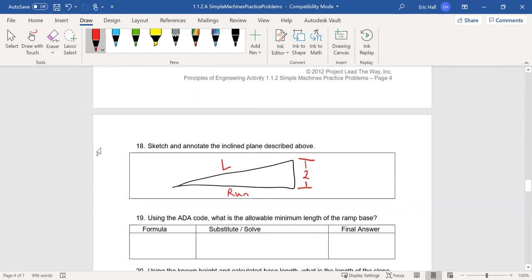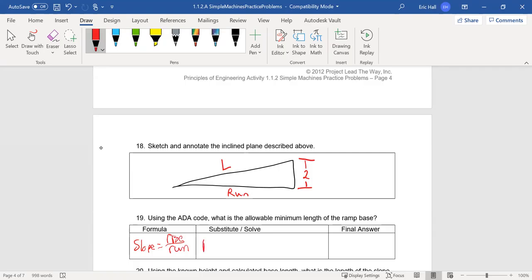Using ADA code, what is the allowable minimum length of the ramp base? Well, they told me that slope is equal to rise over run. I need to figure out what the minimum length of the base is. Well, that's my run.